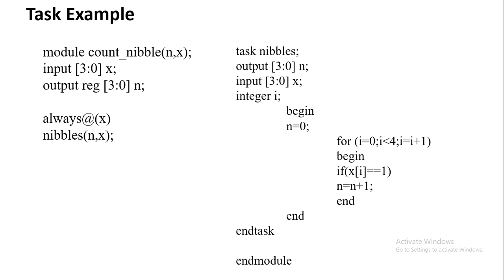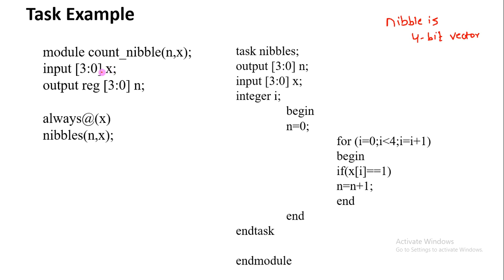So count nibble. Hope you understand the meaning of nibble. A nibble is a 4-bit vector. Half of a byte is called a nibble. Now I want to count the number of ones in the 4-bit vector, the nibble.